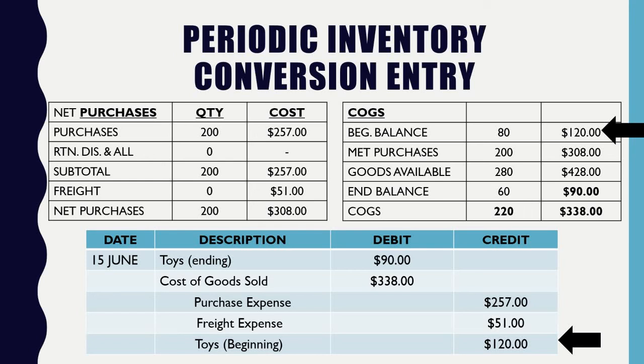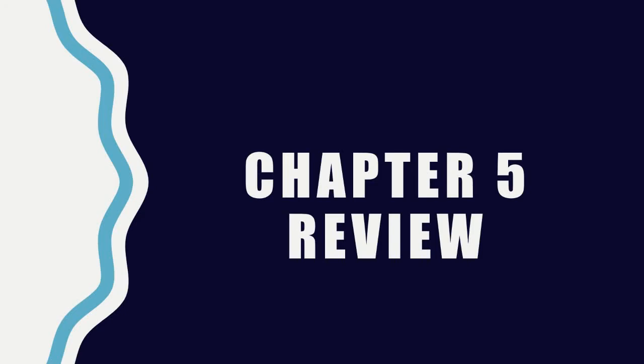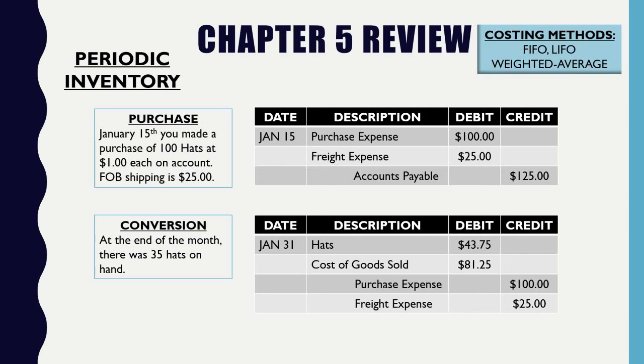Because we're doing it using LIFO, what you're going to notice is that whatever you begin with is what you're always going to end with, because you're always selling the last ones that you purchased first. So you're always going to have your beginning inventory be your ending inventory. All right. And that is the chapter review.